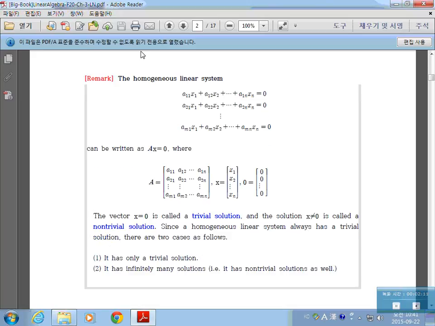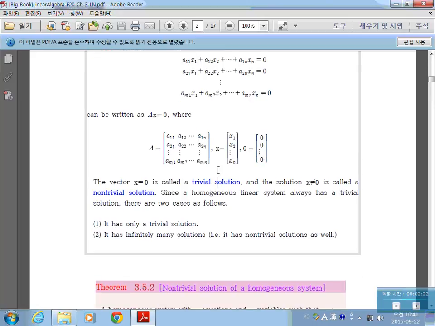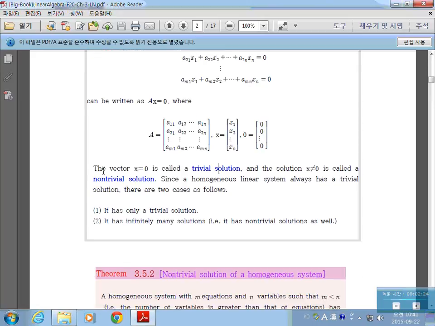Here is a homogeneous linear system like this. It can be written in matrix form like this, where A, X, and the zero vector are as shown. Then the zero vector X is called the trivial solution, and a non-zero vector solution is called a non-trivial solution.